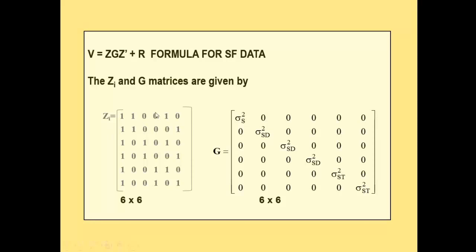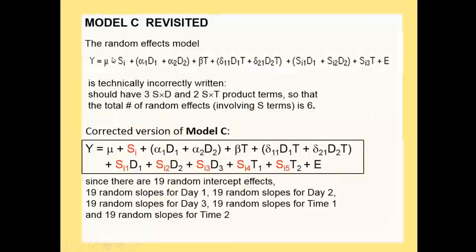But if you wrote the model the other way, and you computed this formula using the model this way, think about what the Z matrix will look like.